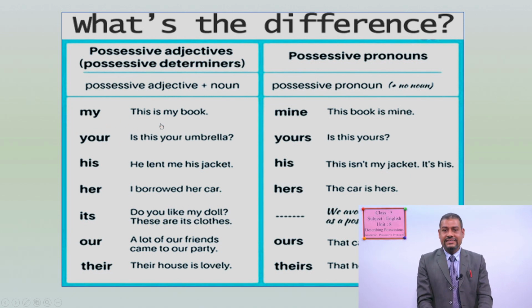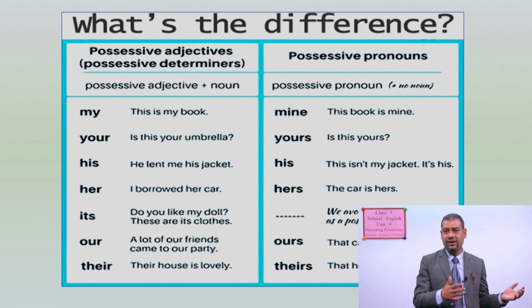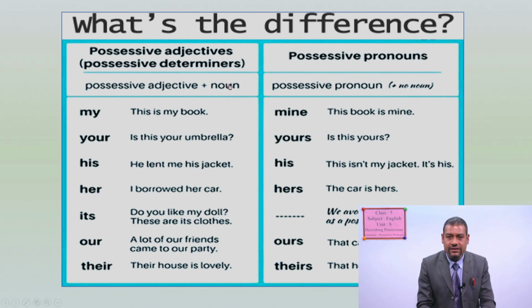For example, this is my book, but here is written, this book is mine. Look, if we use this my, for example, your, his, her, before the naming word, book is a naming word, isn't it? So before the naming word, if we use this my, your, his, her, its, then that becomes possessive adjectives.